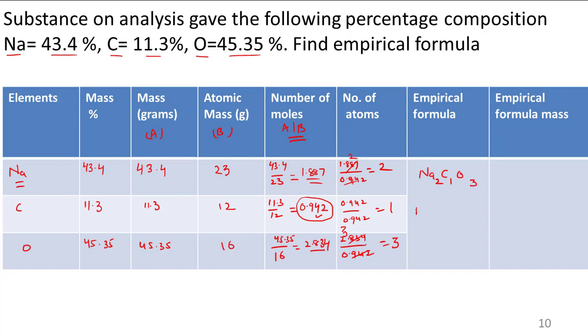or we can write Na2CO3. So this is the empirical formula for this compound whose percentage composition is this. From this you can also calculate the empirical formula mass.